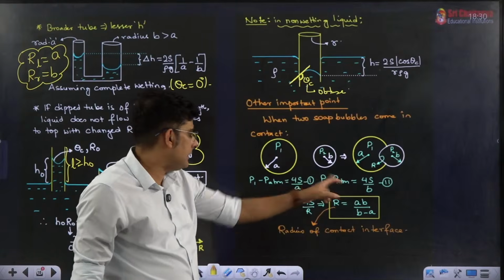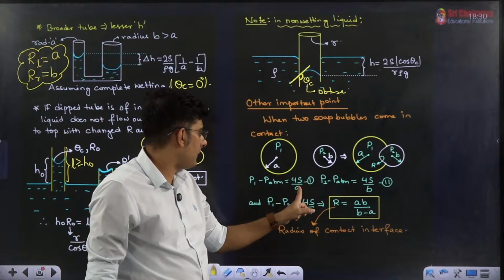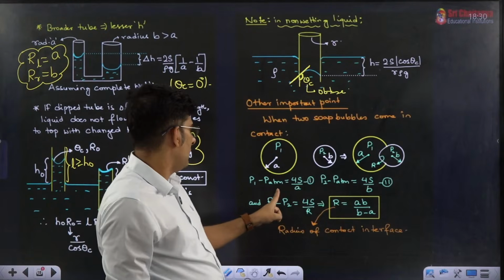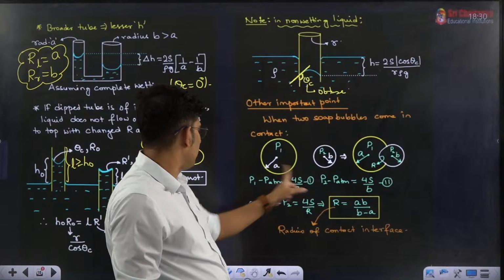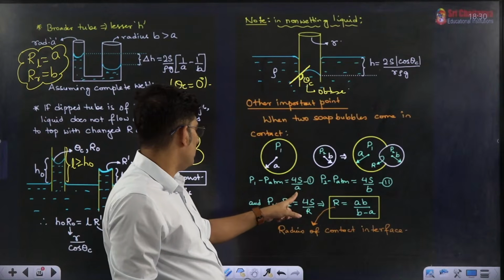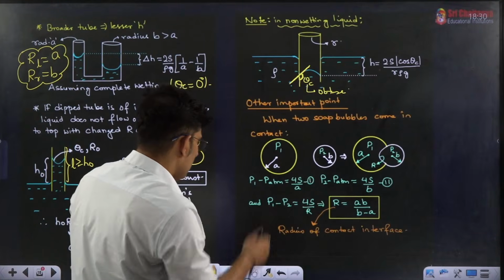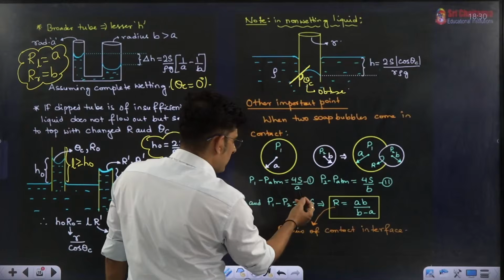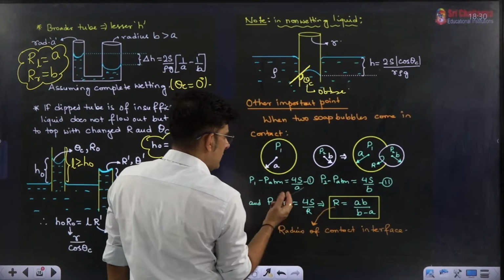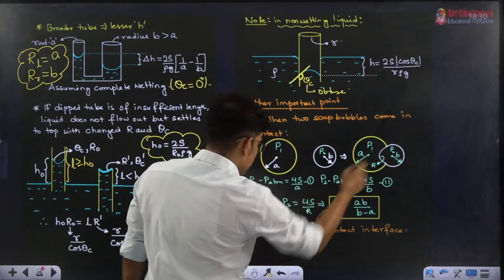So you can just add these two, subtract both, P1 minus P2, I think I have made a small mistake over here. P1 minus P ATM is 4s by A, P2 minus P ATM is 4s by B. Now, which side has more pressure? P2 has more than P1, because the concave side is P2.